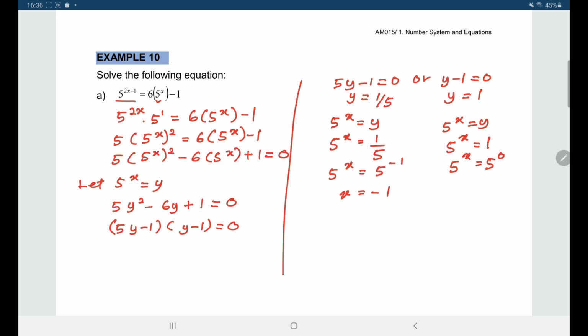So since the bases are the same, we equate the index, we get x equals to 0. Therefore, the answers are x equals to negative 1 or x equals to 0.